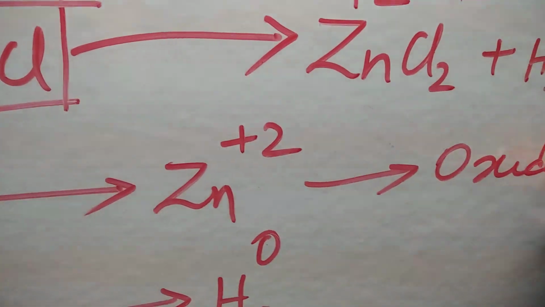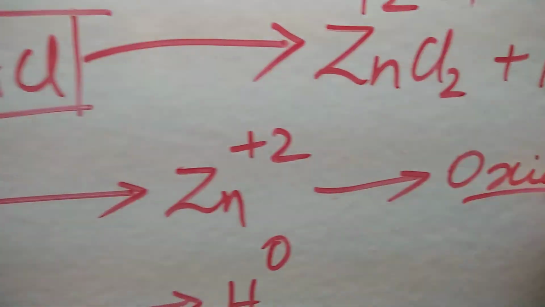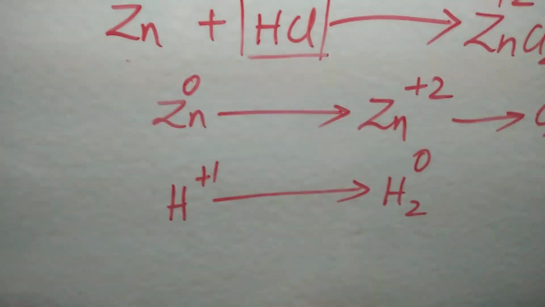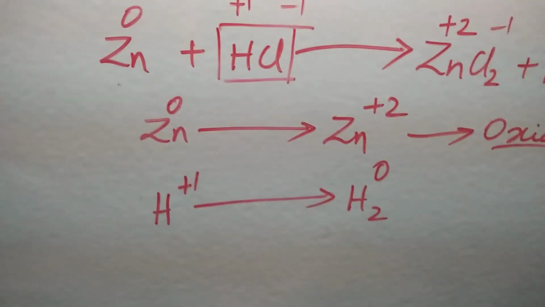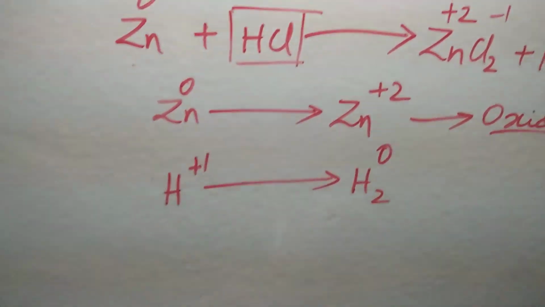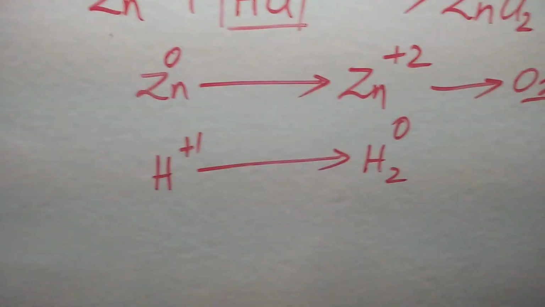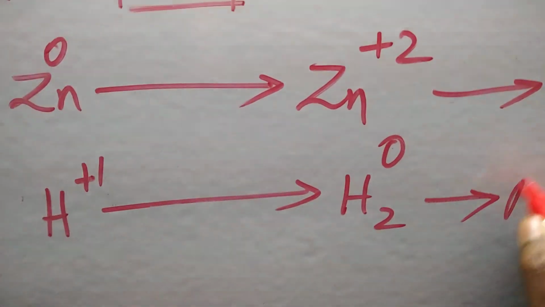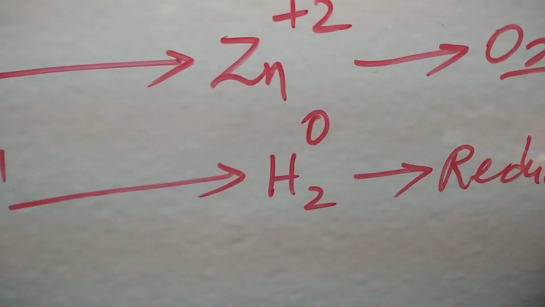Yes, right, students? And if any charge is decreasing, that means from plus to 0 or to minus, it will be reduction. See, from plus to 0, that means it is reduction.